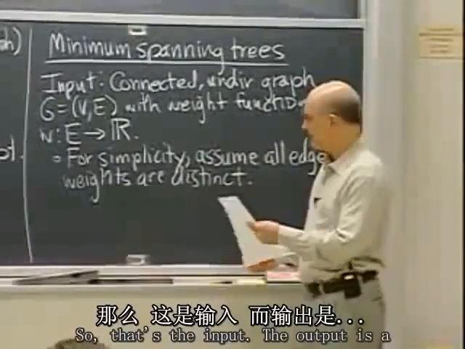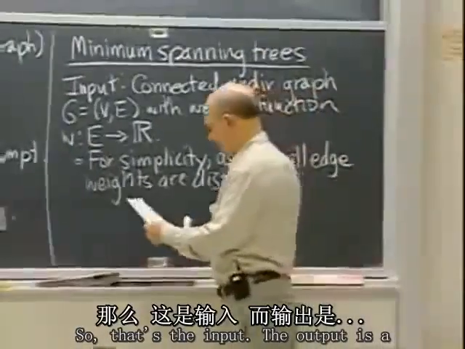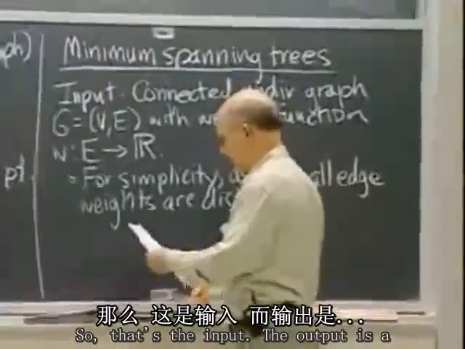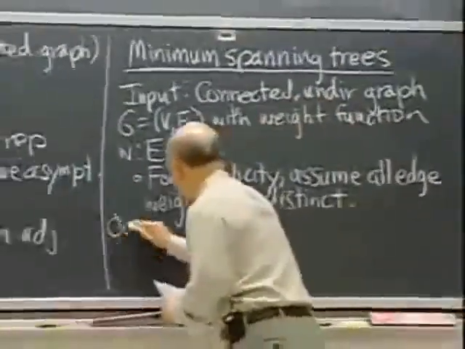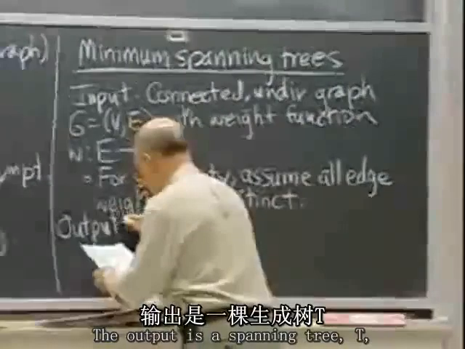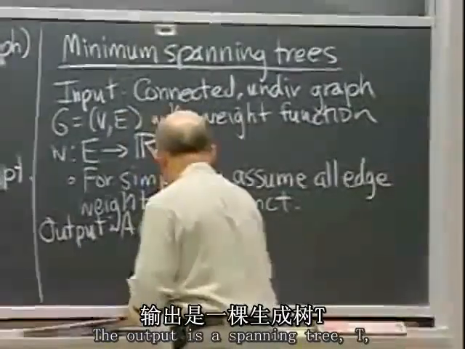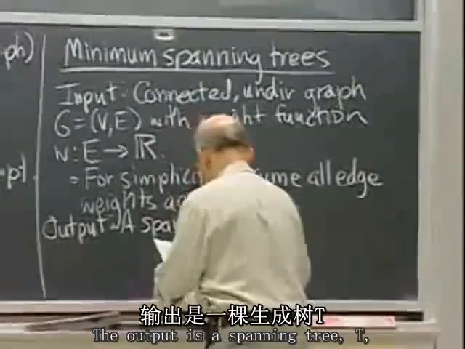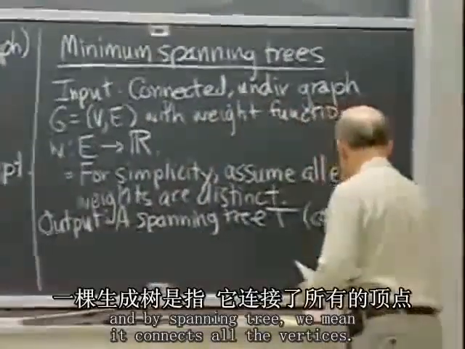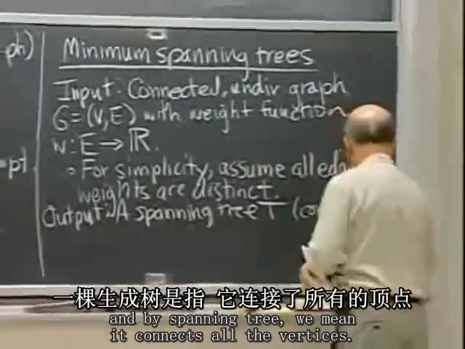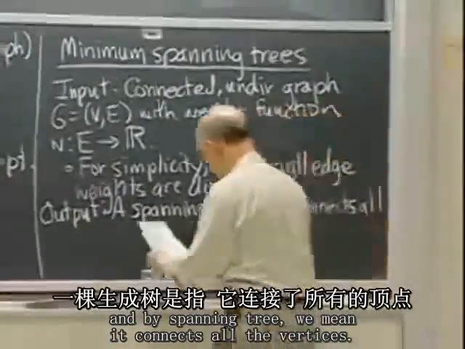So that's the input. The output is a spanning tree T, and by spanning tree we mean it connects all the vertices.